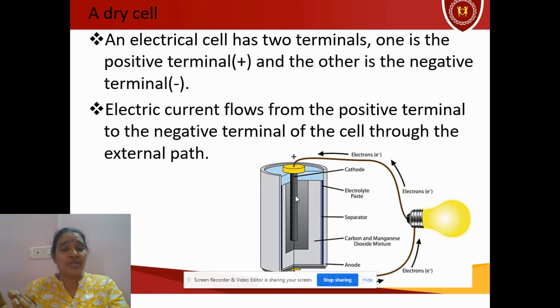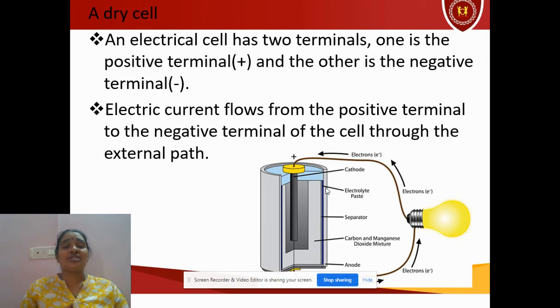Between the electrolyte paste and the carbon rod, there is a mixture of carbon and manganese dioxide. These two mixtures act like an electrolyte in which the chemical reactions take place.